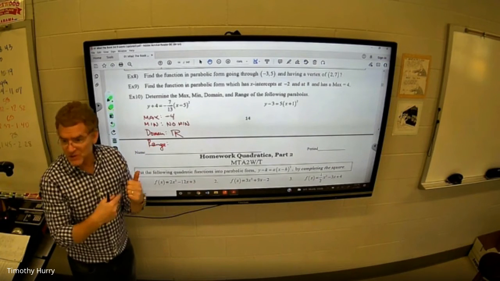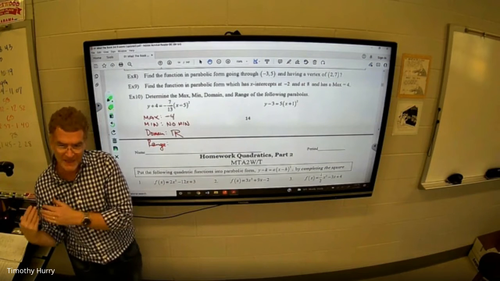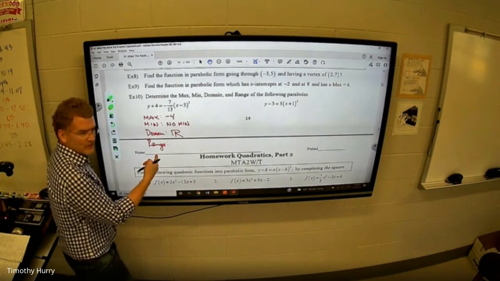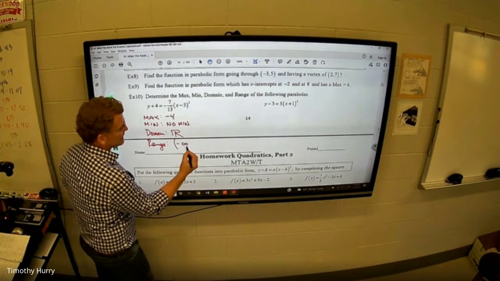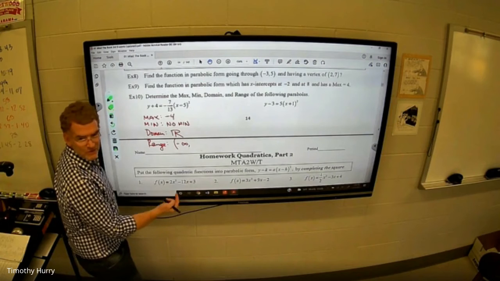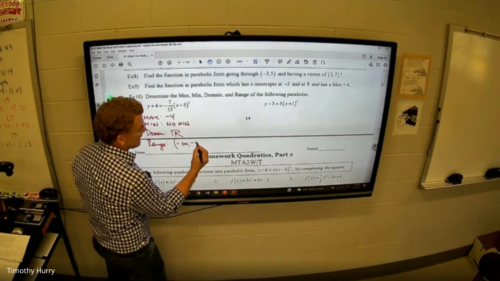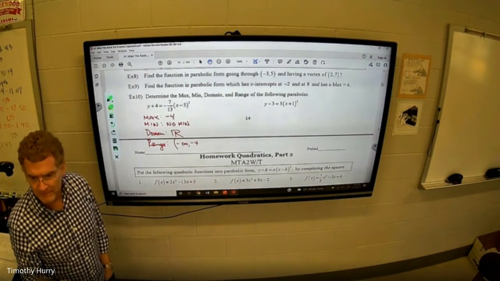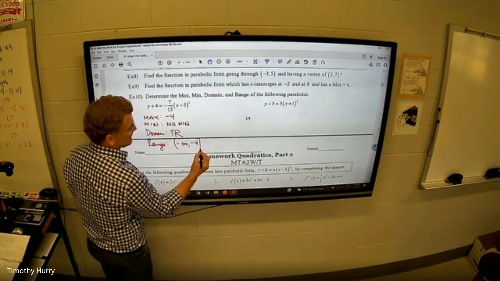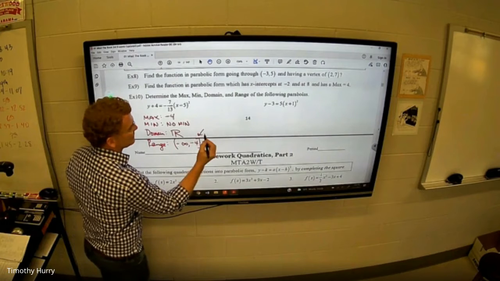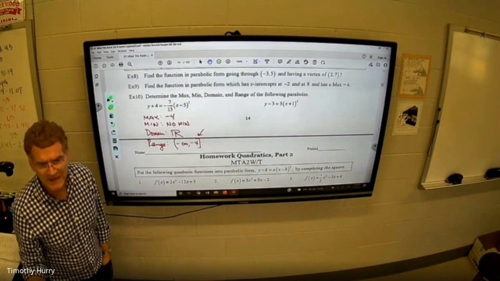So if I was writing that in interval notation, we always go least to greatest. What would I write for the range? From -infinity, comma, up to -4. And do I include that -4 or not? Yeah, because it's a point, right? So bracket the -4.